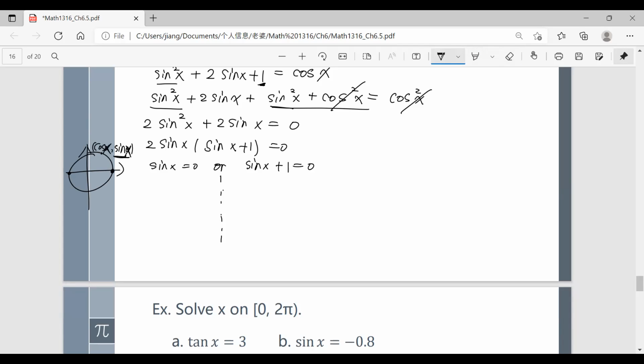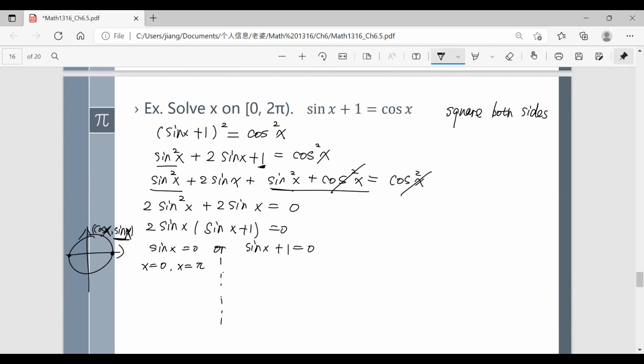That means x equals 0 or x equals pi. And since this is x in the interval 0 to 2 pi, we don't need to add the general solution. So these two answers, we need to keep both of them.